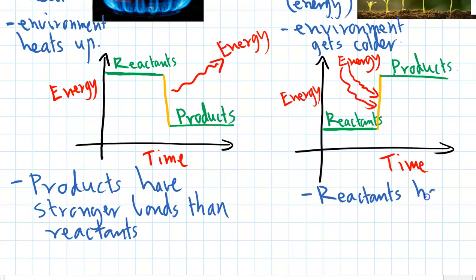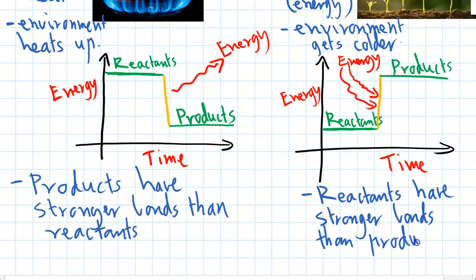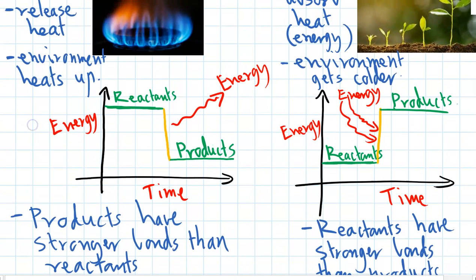So the reactants actually have stronger bonds than the products. Okay, so that's how we draw energy profile diagrams.